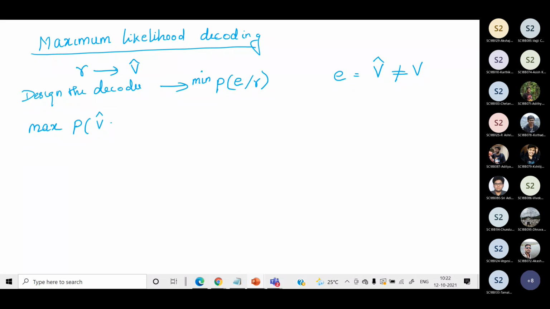V cap should be equal to V for a given received vector R. I have to find the exact one. Maximizing this means maximizing a conditional probability: V cap equal to V for a given R. Is it clear up to this? If you have any doubts, you can ask me.